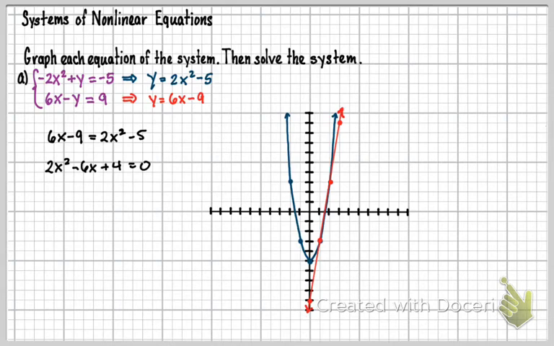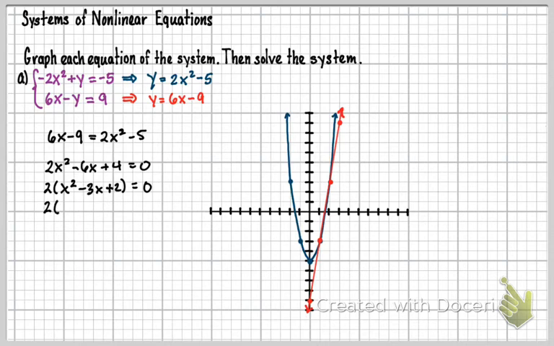Okay, so now what we're going to do from here is try to factor if possible. I can pull a 2 out. I see that right away. So that's going to be x squared minus 3x plus 2, and that equals 0. So now can I factor this here? And I actually can. This factors nicely.